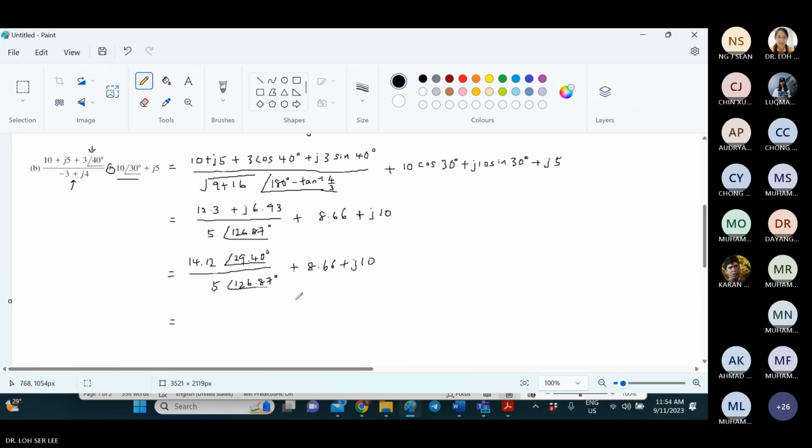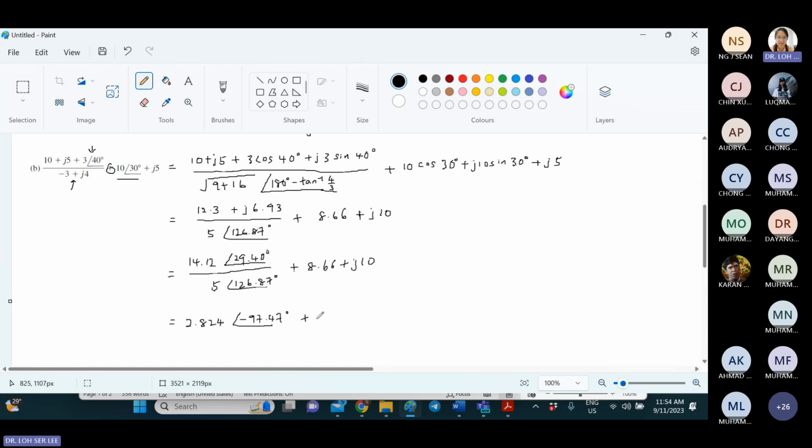So division, 14.12 divided by 5. 29.4 minus 126.87, you get negative 97.47.